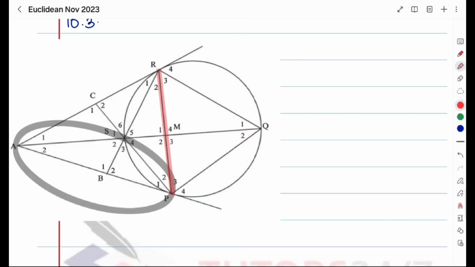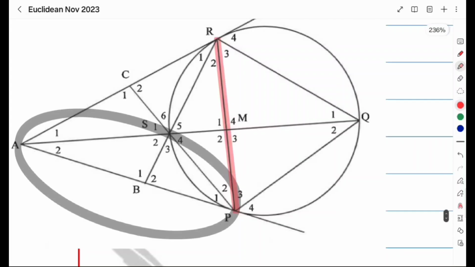Now, if you notice, the angle between the tangent and the chord in the setup is P2, and the angle in the alternate segment is A2. So if we are able to prove that P2 is equal to A2, we will then prove that this is a tangent.